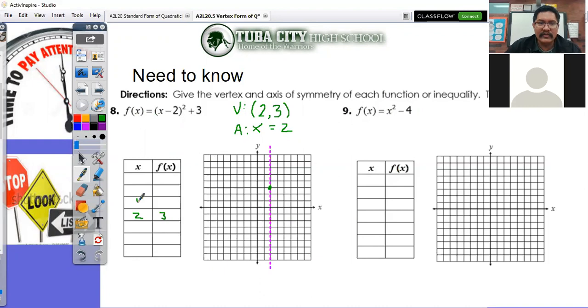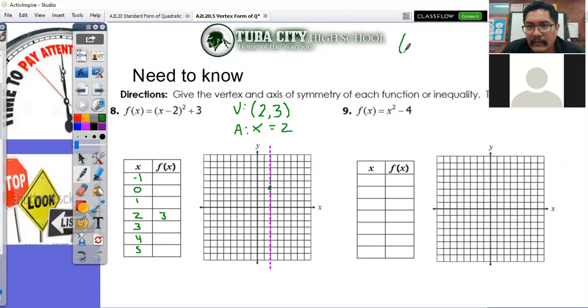But let's go ahead and do what we've done before and pick some numbers for x that are above and below our line. Now in this case here, we just plug it in and see what we get. So I'm going to go ahead and plug in 1.